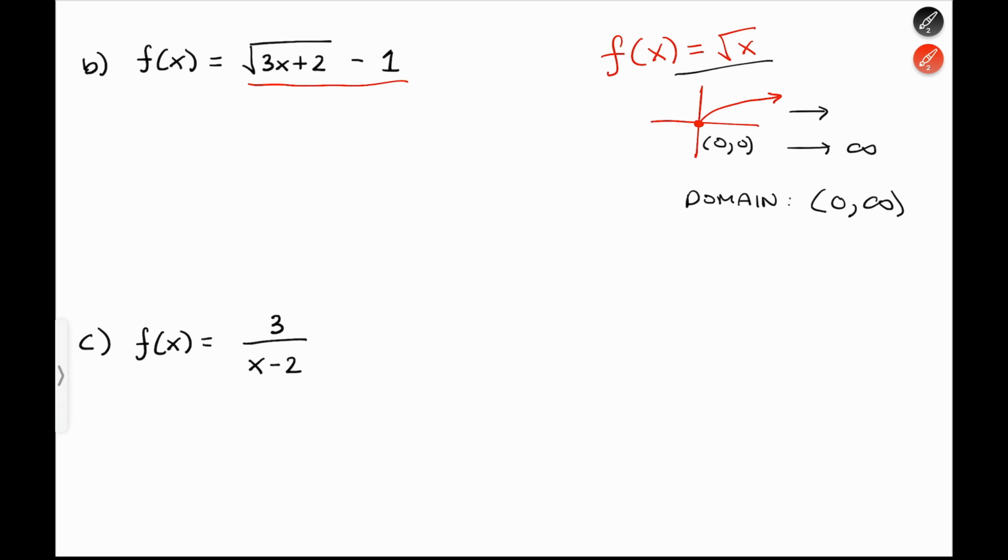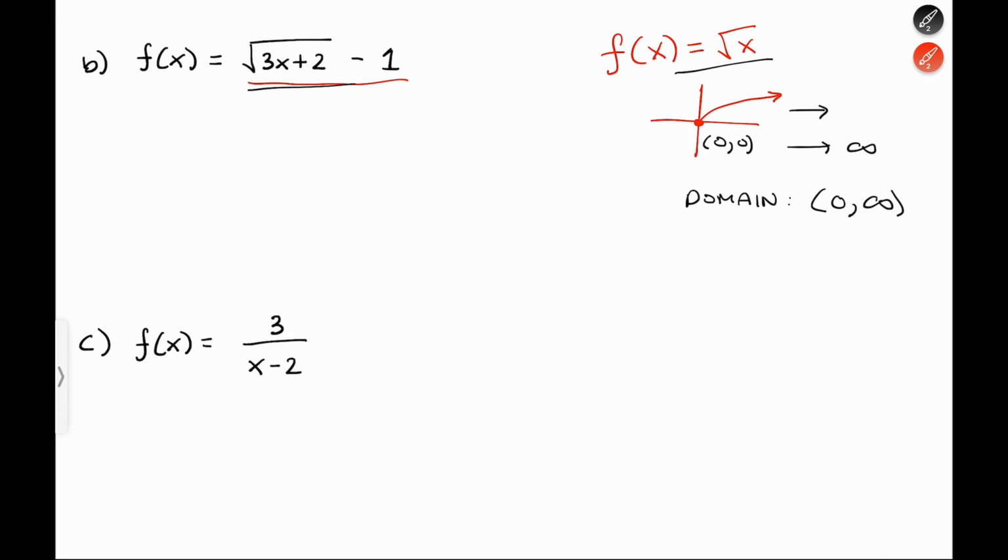But you can see in our question that we have some translations and some stretches. So what we want is for this term over here to be equal to 0 so that we can solve for the beginning of the graph. If we set 3x plus 2 equal to 0, we get that x is equal to negative 2 over 3.